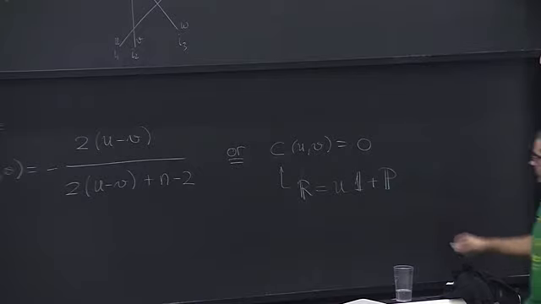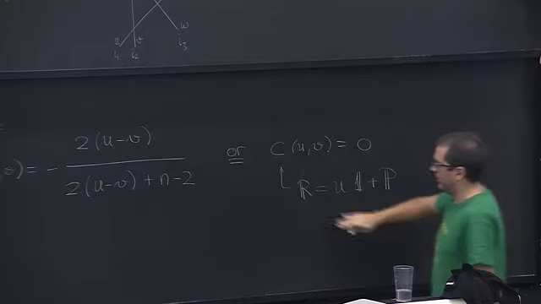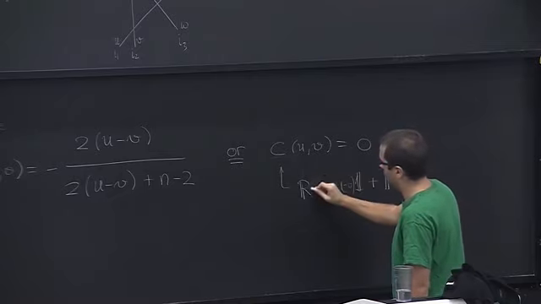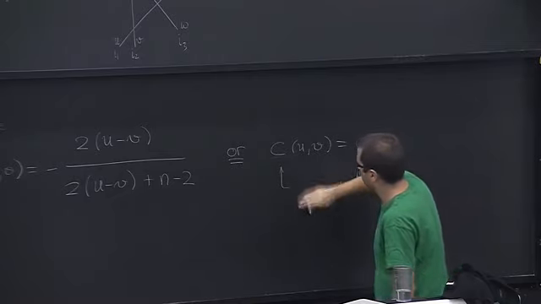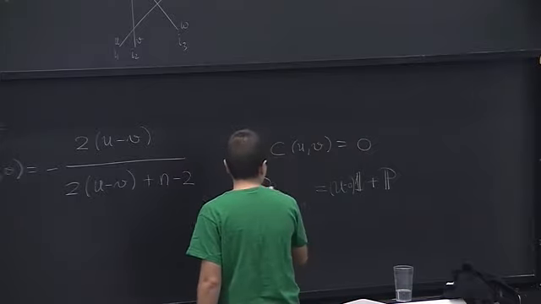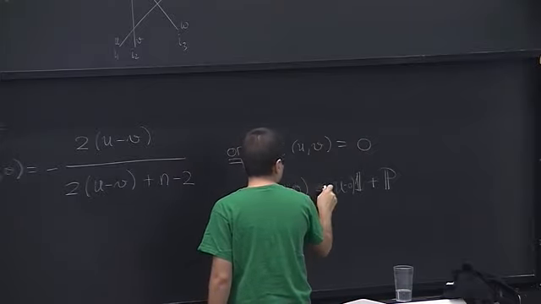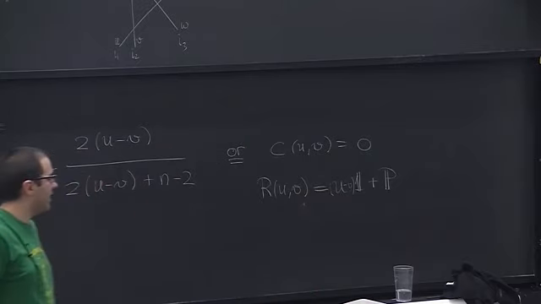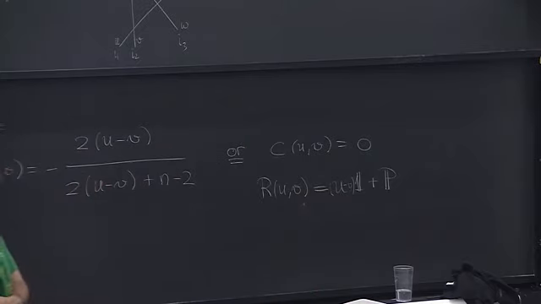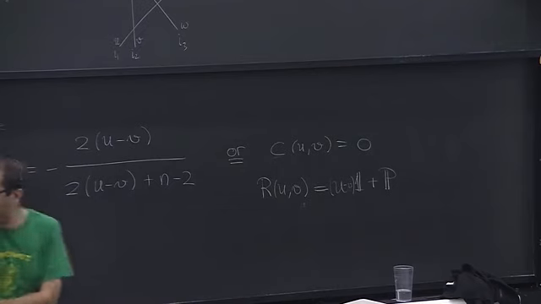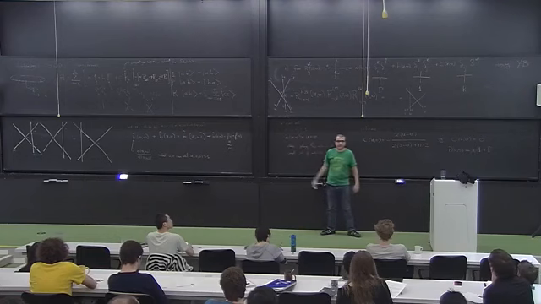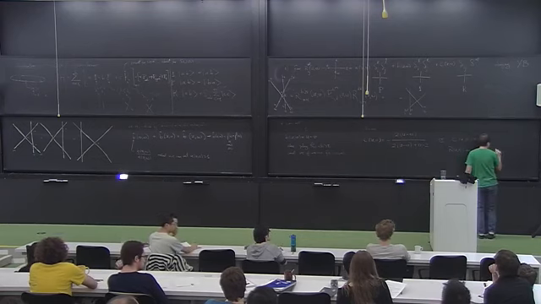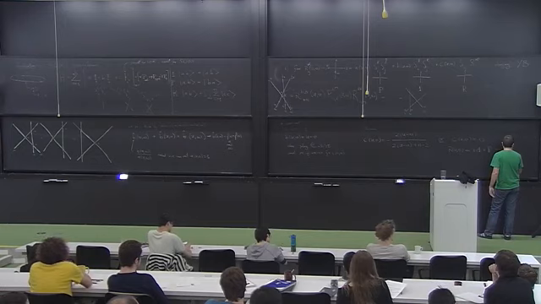We put V equals 0 in yesterday's lecture. Otherwise, R of UV would be U minus V times identity plus the permutation, because there will be just B and A. So this is the R for SU(N).